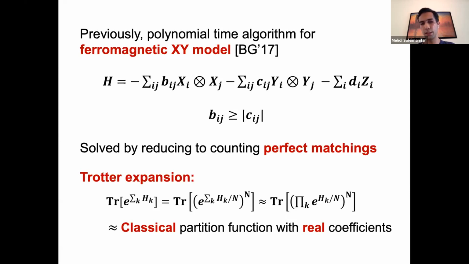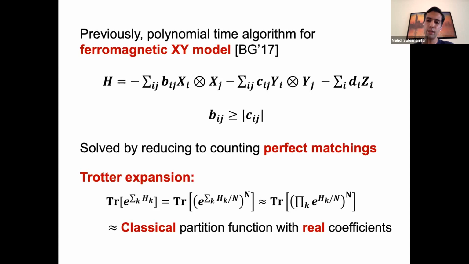And for certain Hamiltonians, the thing that you get at the end looks like the partition function of a classical system. There are some subtleties here. One is that this only works for certain Hamiltonians. In general, you just get a classical spin system with complex interactions.